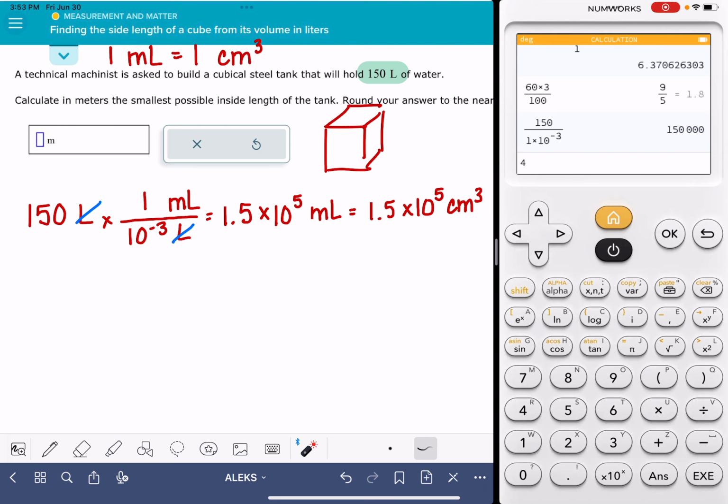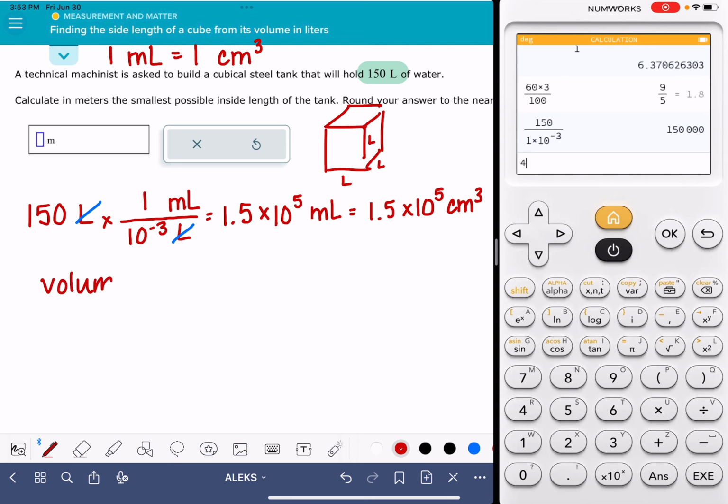The volume of a cube is the side length times the side length times the side length. So if we want to figure out the length of any one of these sides of this cube, we just need to take the cube root of 1.5 times 10 to the 5 centimeters cubed. Let me rewrite it this way.